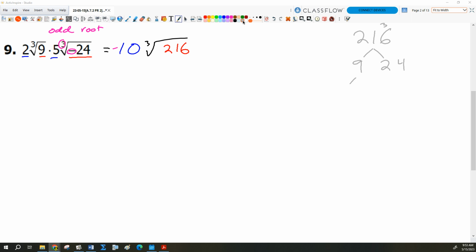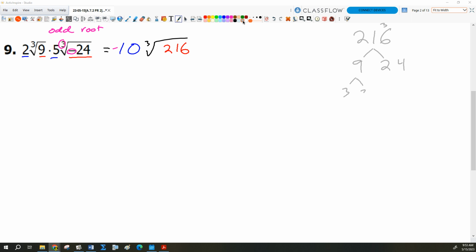Okay, well, the 9 we can break down. And remember, when we're dealing with cube roots and fourth roots and higher roots, we want to break stuff all the way down to prime factors. It's just easier. Remember how with square roots we sometimes would avoid having to break things down too far and we'd get bigger couples, and that was a sort of shortcut. Let's not do that with higher roots. It just gets too confusing.